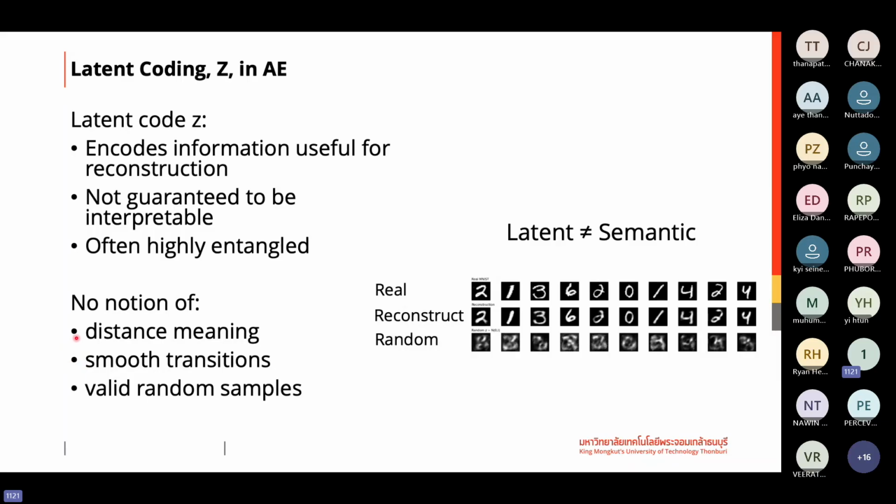It cannot represent interpolation. That also means once you randomly sample something, it cannot generate output. This is the real and the reconstruction. But if you sample Z and use it to generate, you get this mumbo jumbo here. Even if you try to sample something close to the real reconstruction, it doesn't work.